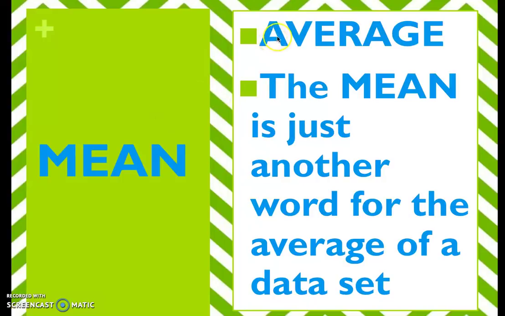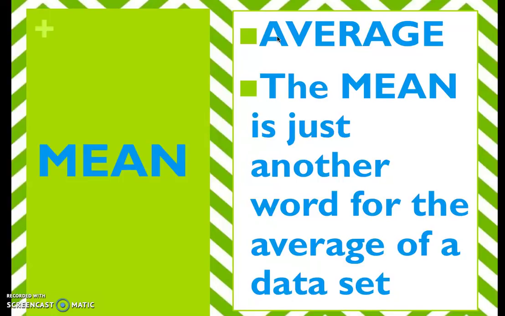The mean and the average are exactly the same thing. They are interchangeable, they are identical, they mean the same thing. So those are your 3 M's for statistics: mean, median, and mode. Mean is just the average, mode is the one that occurs the most, and median is the one that's in the middle. Those are going to come in really handy starting Thursday.